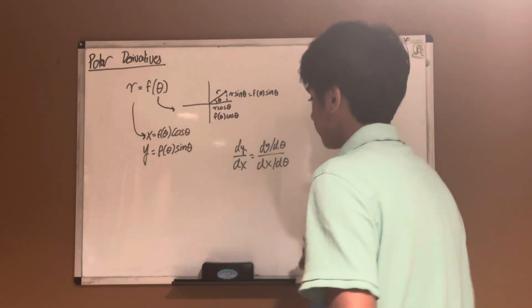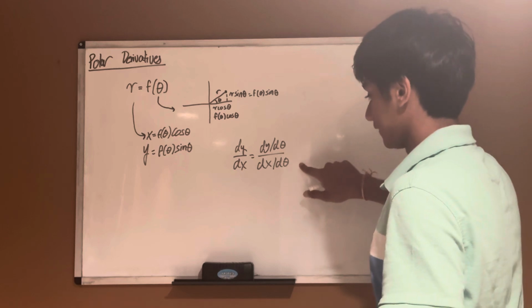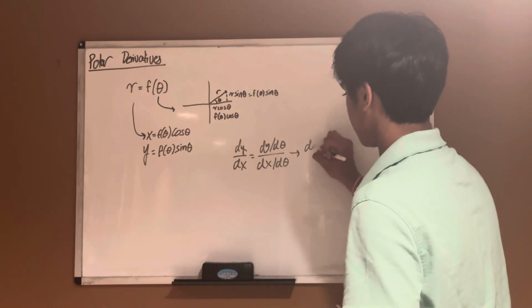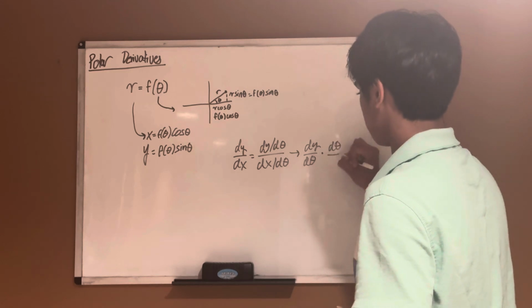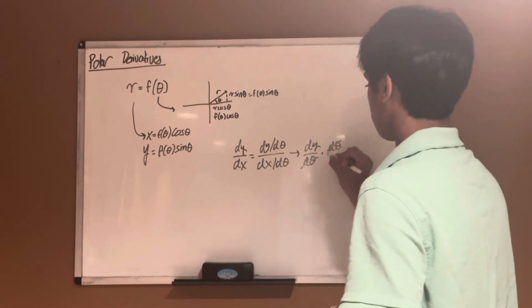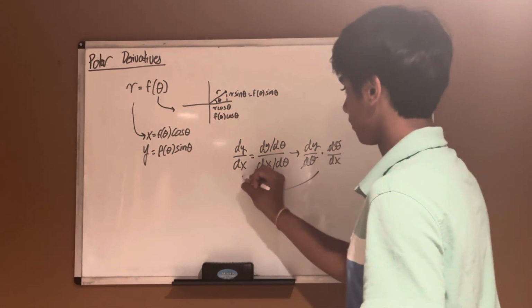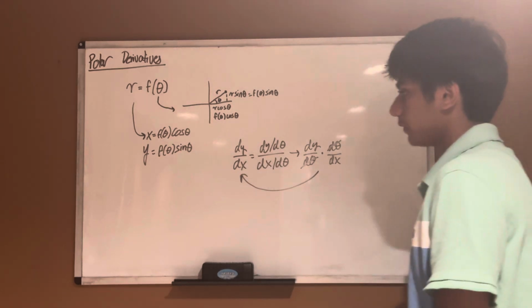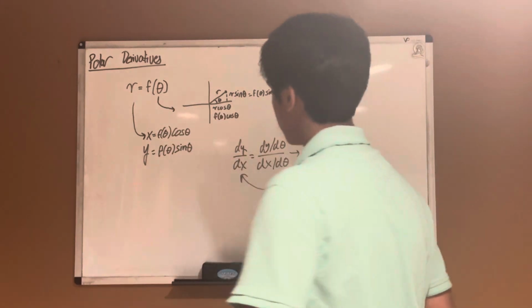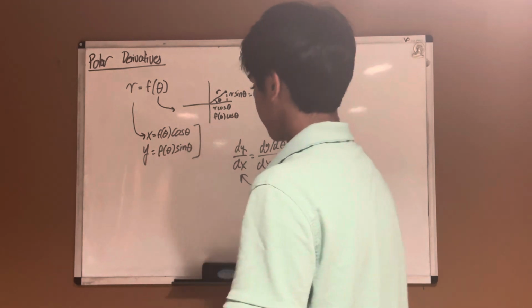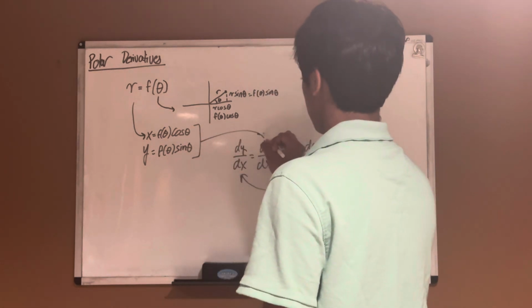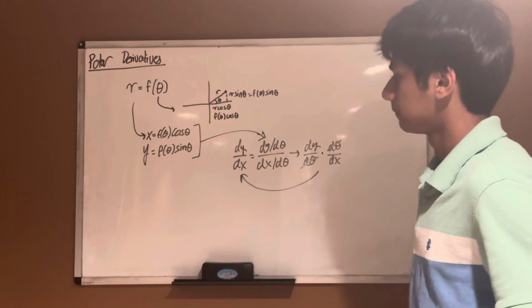And the interesting part is, if we divide dy/d theta by dx/d theta, the d thetas cancel out, right? So what we're left with is dy/dx, which is our original value. So the process of finding a polar derivative is we find x as f(theta) cosine theta, y as f(theta) sine theta, and then we take the derivatives and just divide them like so.